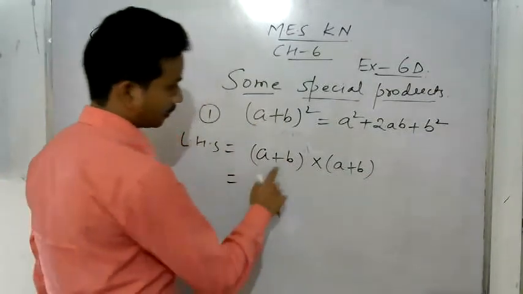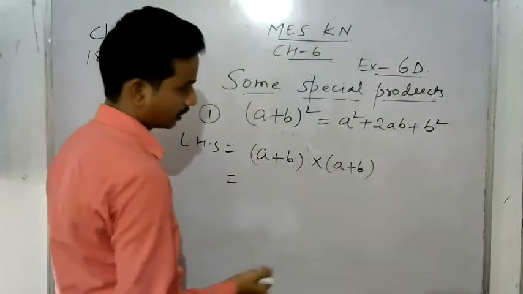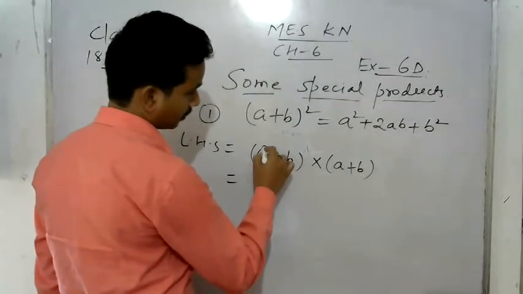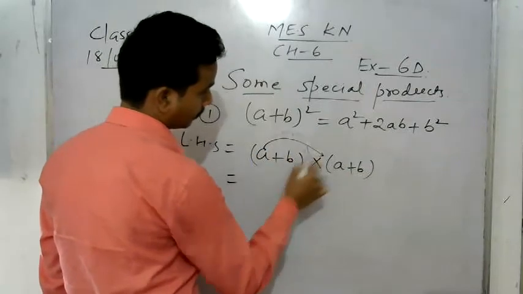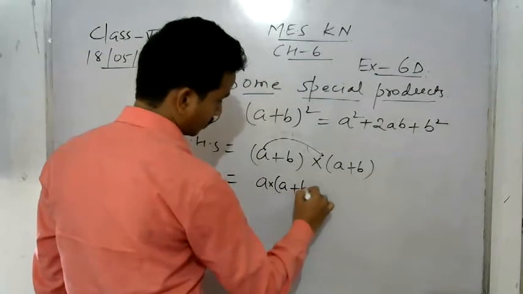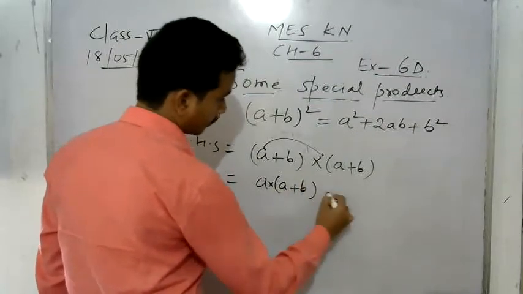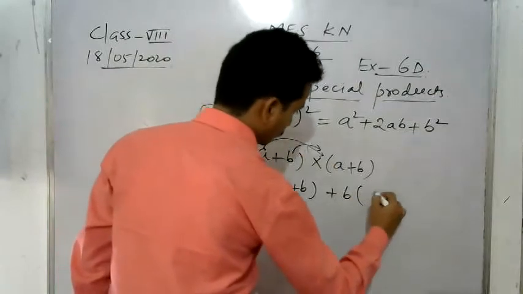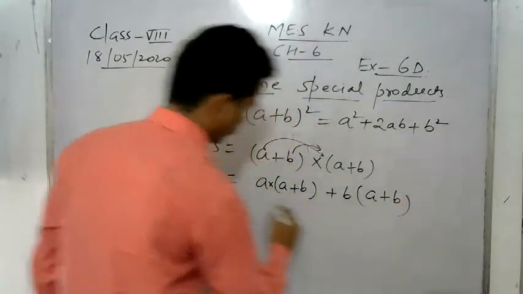Now either you can multiply it vertically or horizontally. But I am going to multiply here horizontally. First a will be multiplied with (a plus b), a into (a plus b), plus, after that plus sign, b. Now b will be multiplied with b into (a plus b).